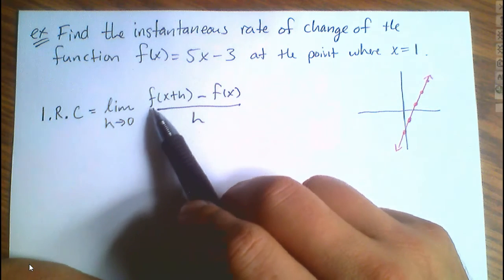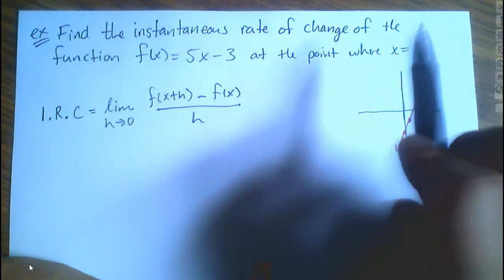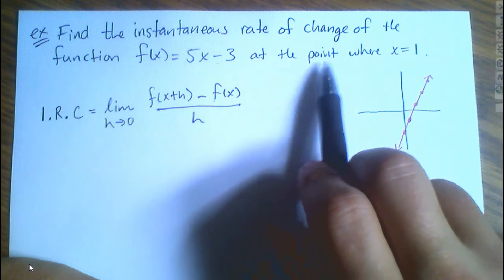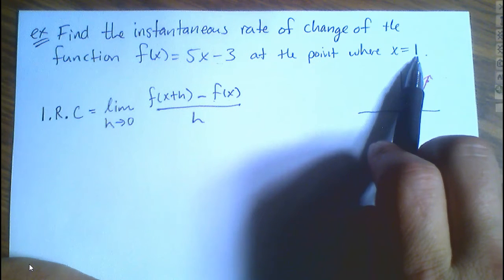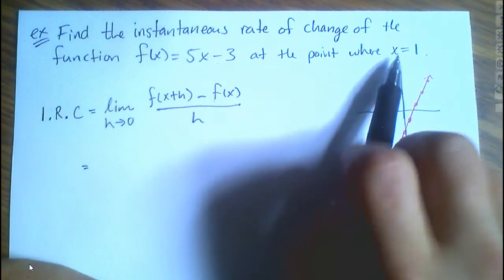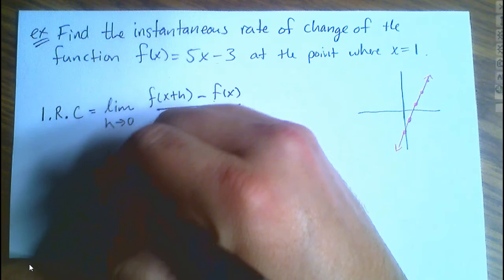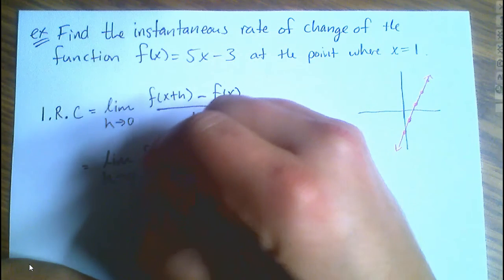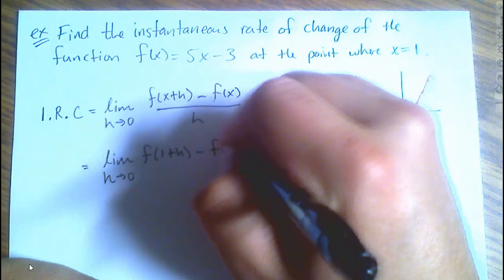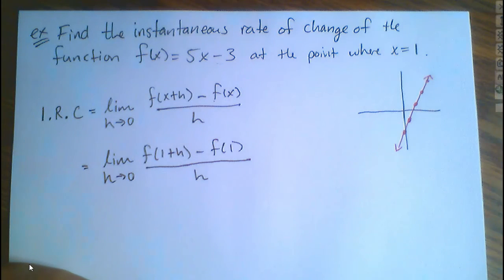So we're going to fit the f of x plus h and the f of x to our particular function, and we're going to be looking at this point specifically when x is 1. So let's replace our x's with 1's. So we have f of 1 plus h minus f of 1 all over h.